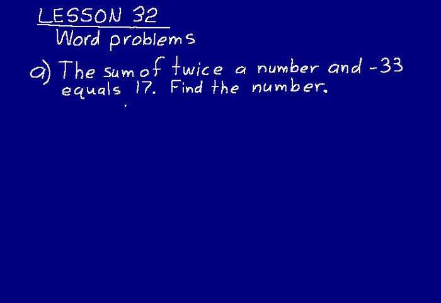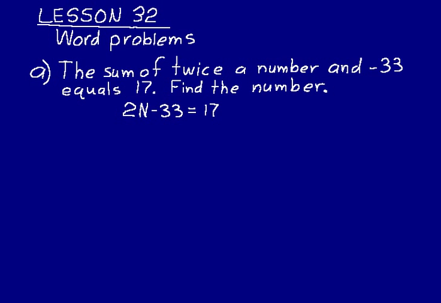Twice a number, that would be like 2, and I'll use the descriptive variable n for number, and then negative 33, so I would just add a negative 33 on the end. And so that represents the sum of twice a number and negative 33. Equals 17. So we put an equal sign, 17.